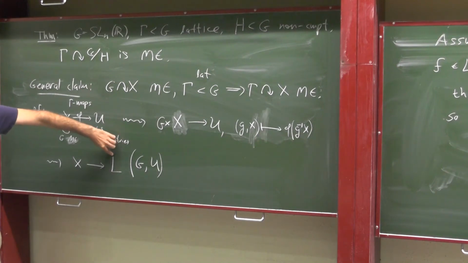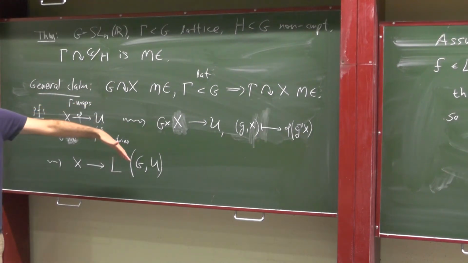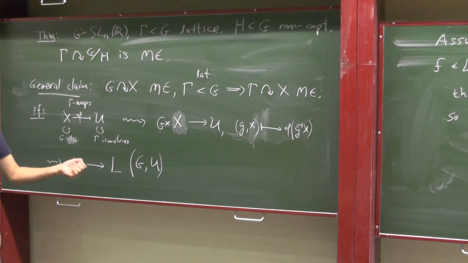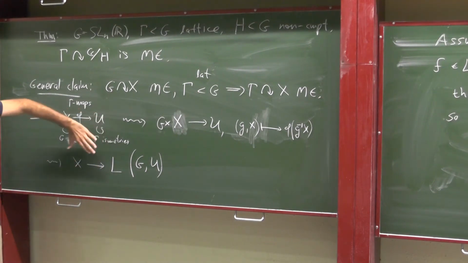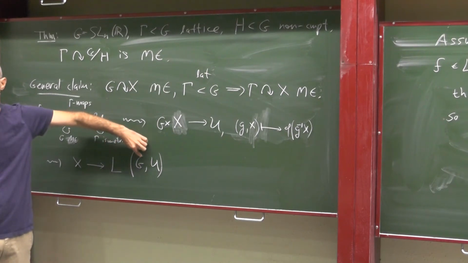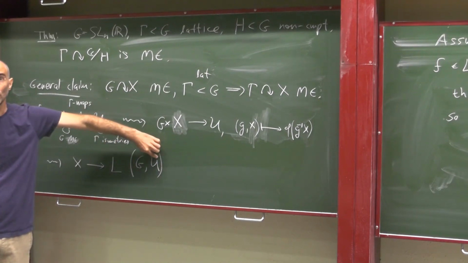Actually, I will elaborate on these notations probably tomorrow, on the very definition of this space, which I'm postponing, and probably I'm making a mistake here. But this space L(G,U) is a space of all maps defined up to measure 0 from that Lebesgue space G into U.